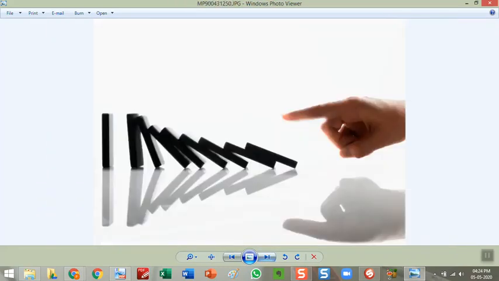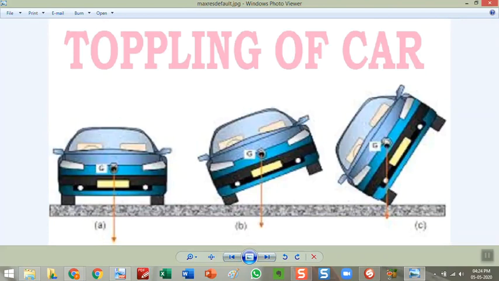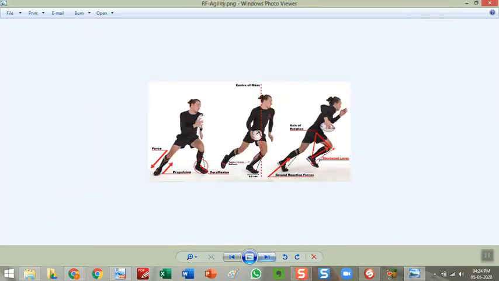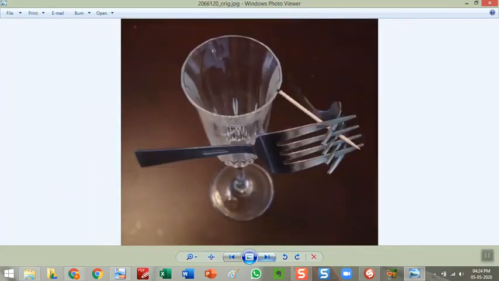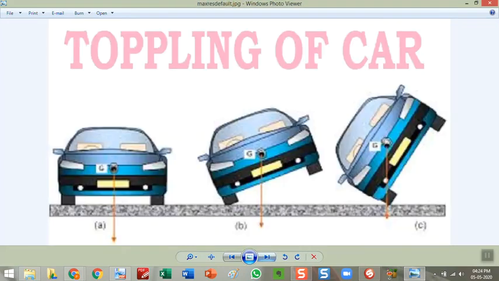And lastly, I want to show you guys cars, also the stability of a car. What we learned about toppling in IG is that as soon as the center of mass goes over the pivot, the pivot being the point in contact with the ground, the object will topple. That's part of stability and center of mass, and we have basically looked at that before.